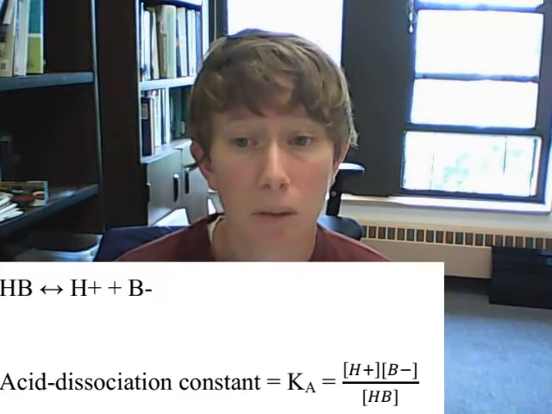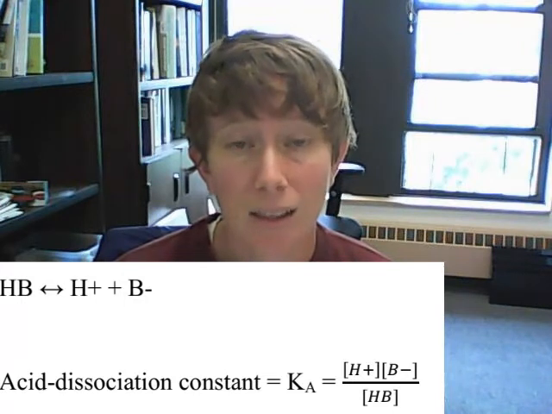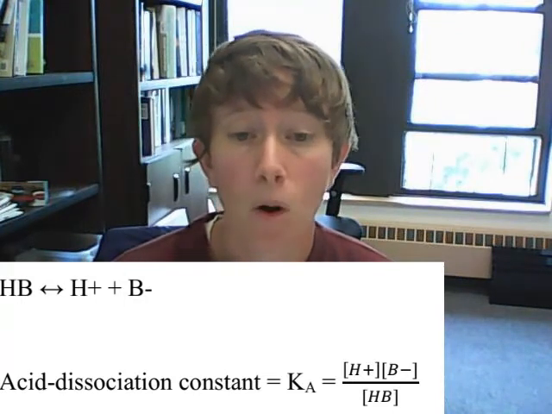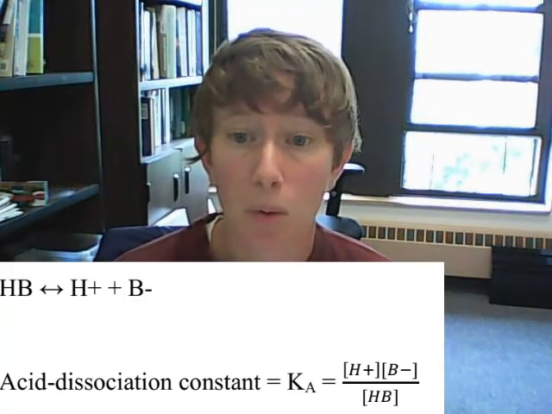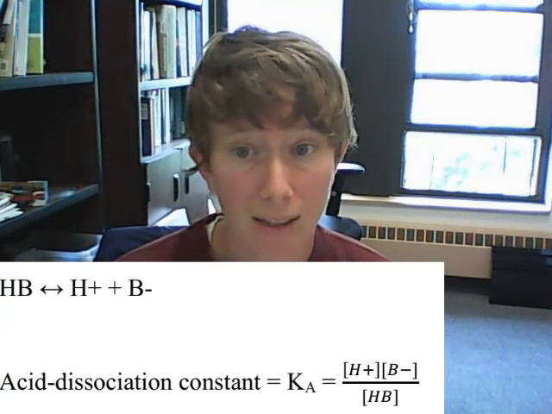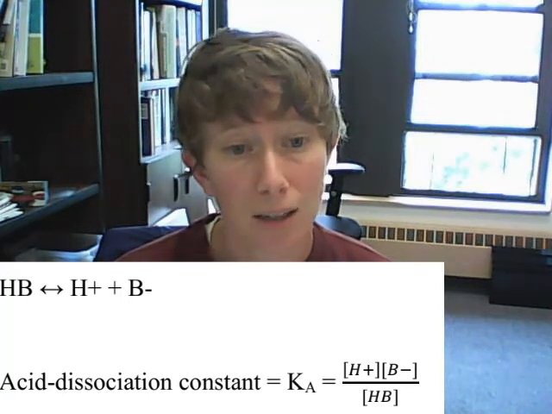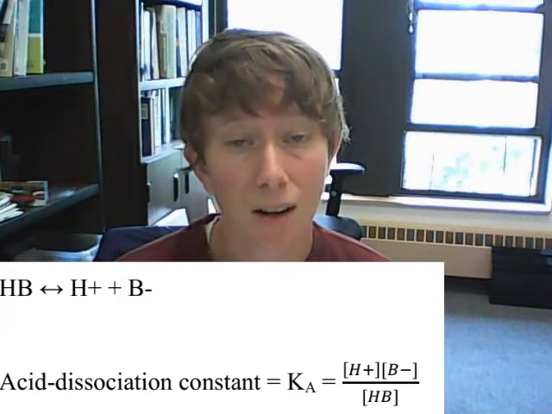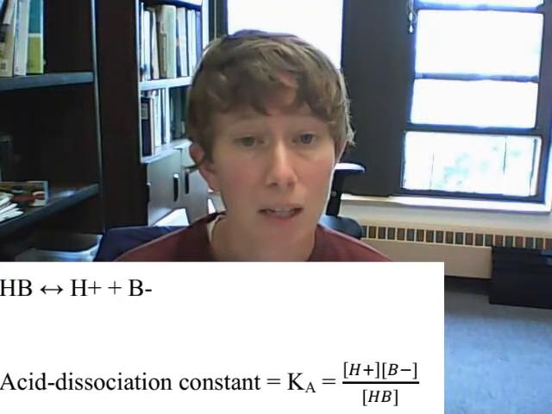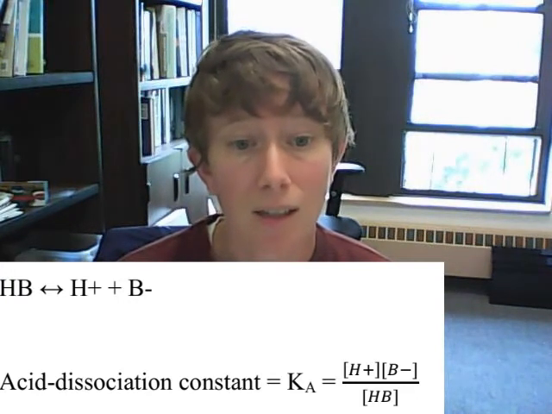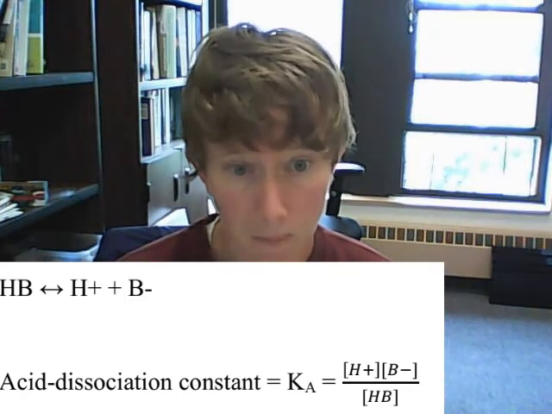Another type of equilibrium constant is an acid dissociation constant. These are constants that describe chemical equilibrium between acids and their conjugate bases. For example, in the following equation, HB is a generic acid and B minus is a conjugate base. So we have HB dissociating into H plus and B minus.